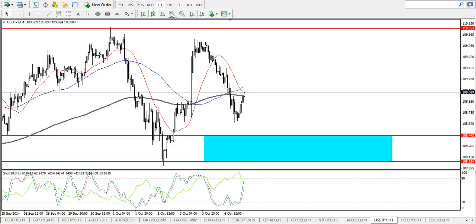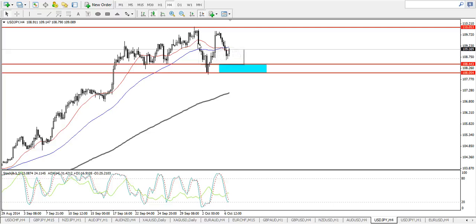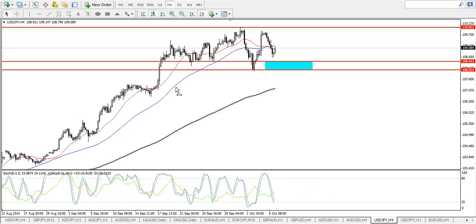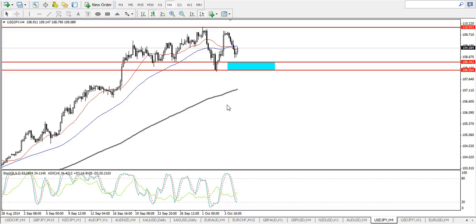However, there isn't really a trade setup over here, I would say. And at the same time, the Bank of Japan is about to release their monetary policy statement, so we shall have a look at that before we make any decision on the dollar against the yen.